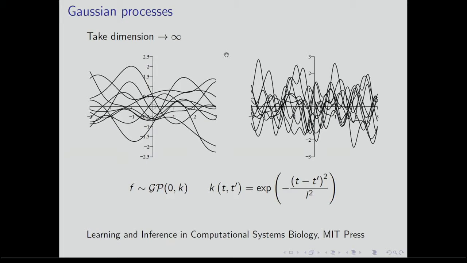And any finite set of indices is going to generate something from a multivariate Gaussian distribution. And that's the definition of a Gaussian process. Any finite set of indices I take has a jointly multivariate Gaussian distribution. And that makes it very convenient to compute over these objects, because we can do all sorts of nice computations with Gaussian distributions.